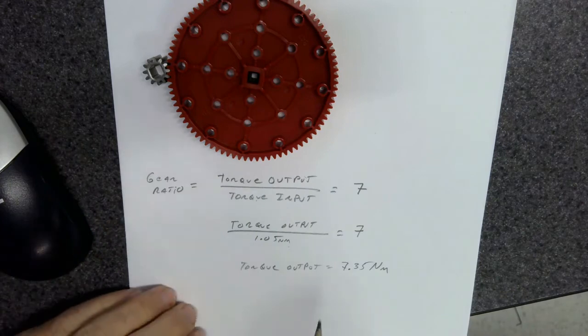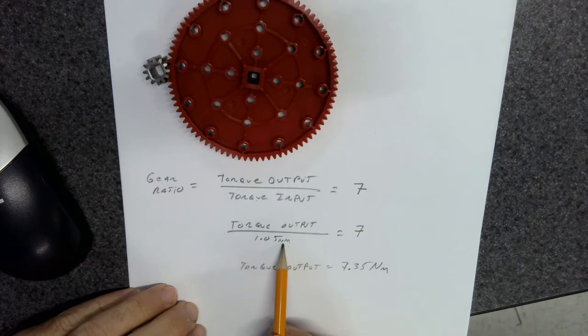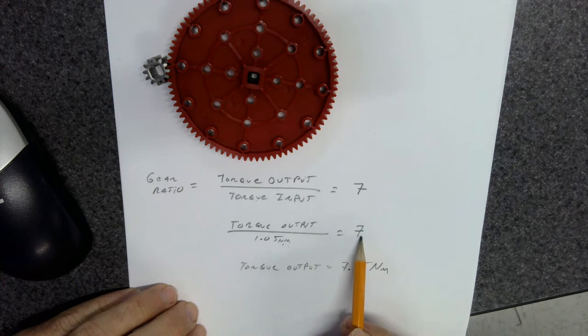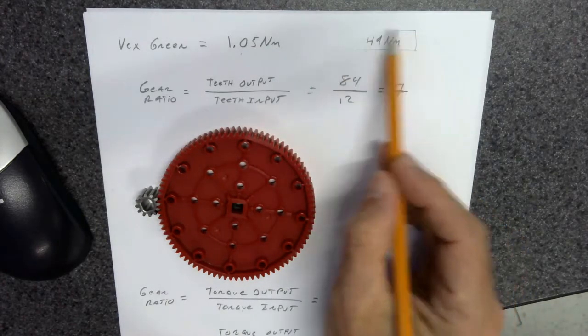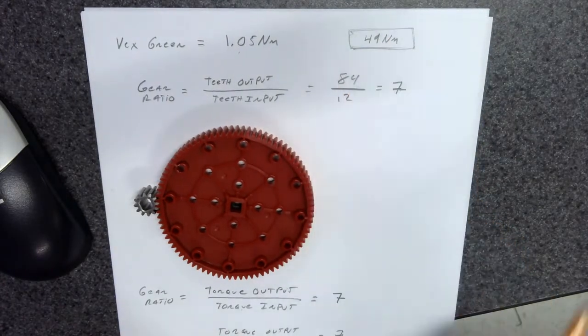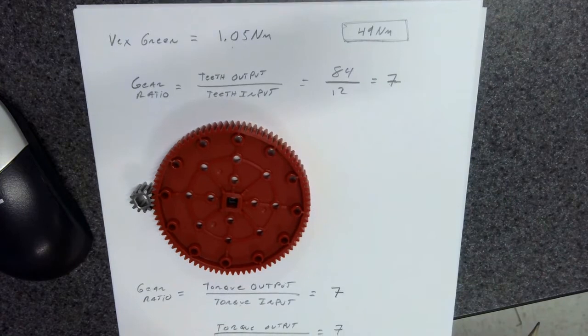So torque output over 1.05 Newton meters, that's the given stall torque by VEX on their motor, equals our gear ratio of 7. If we cross multiply, we'll get torque output equals 7.35 Newton meters. Now, we didn't quite get to the 49 Newton meters that we're going to require, so we're going to need to do some more gearing to get there.